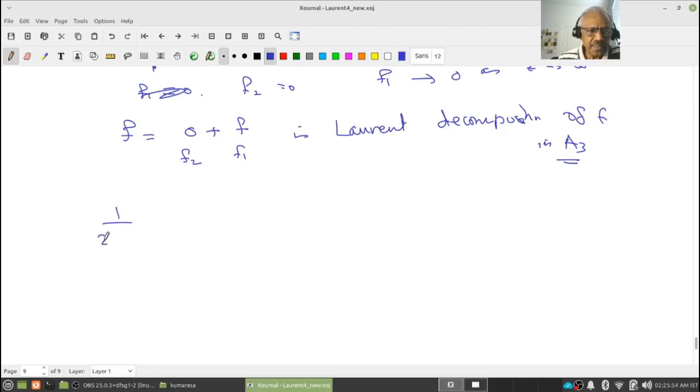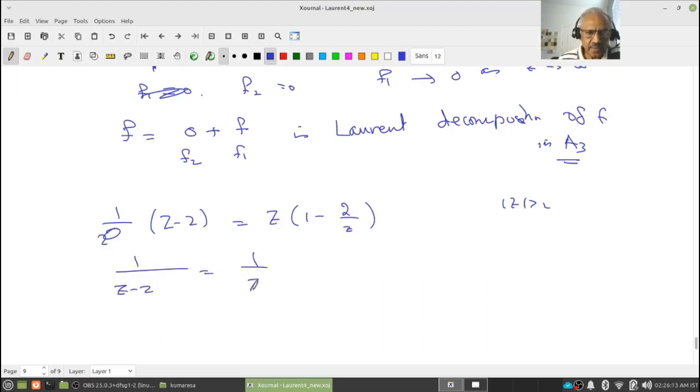So 1 by z minus 2, I want this in powers of z. Now remember, mod z is greater than 2. Therefore, I should pull z out, and then 1 minus 2 by z. Therefore, 1 by z minus 2 equals 1 by z into the sum of (2 by z) to the power n, n running from 0 to infinity.